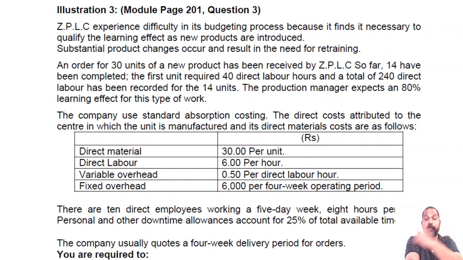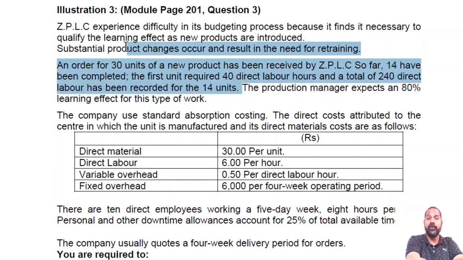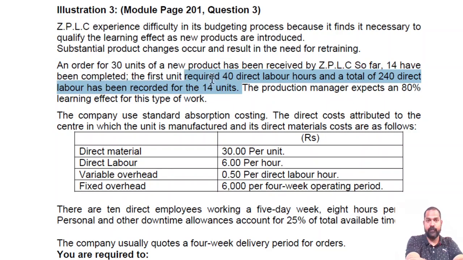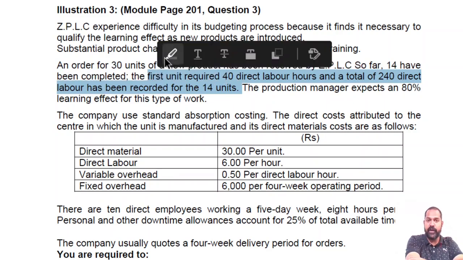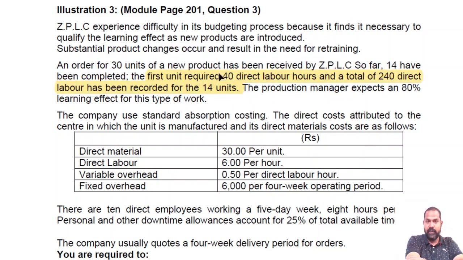So when you started producing, the first unit that you produced took 40 direct labor hours. Okay. And a total of 240 direct labor hours was recorded for 14 units. Okay. So the first unit required 40 hours and 14 units required 240 hours.